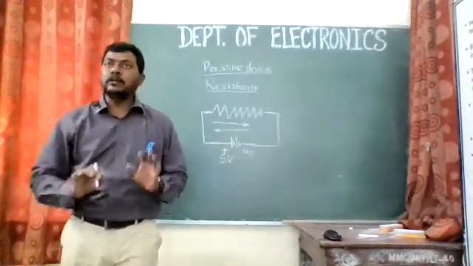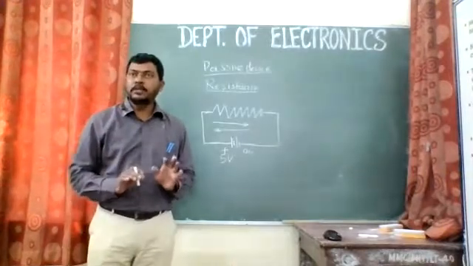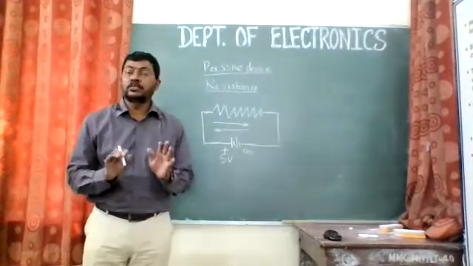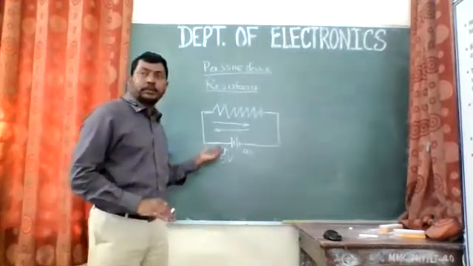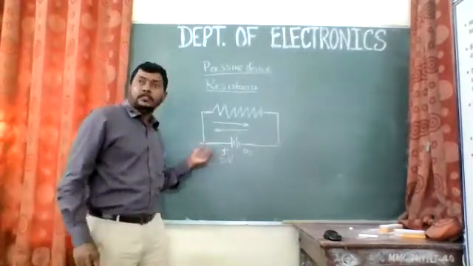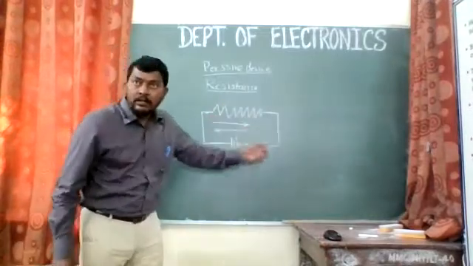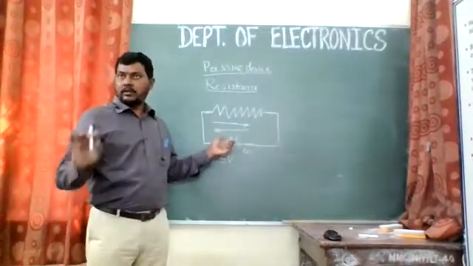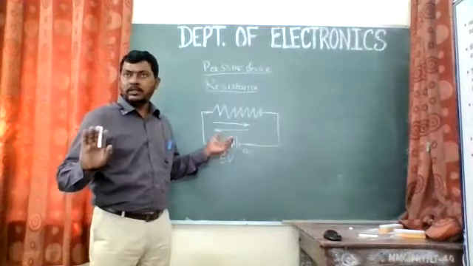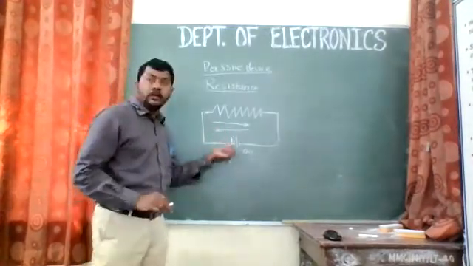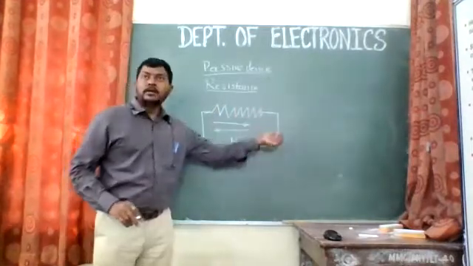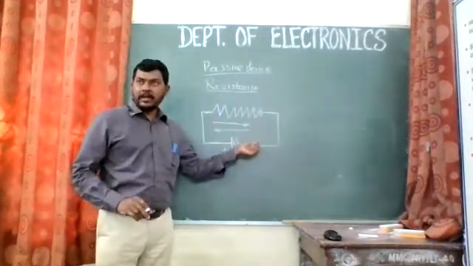The flow of current means the rate of flow of charges. Those are positive charges, so they are expected to flow from the positive terminal to the negative terminal. Are you understanding this?